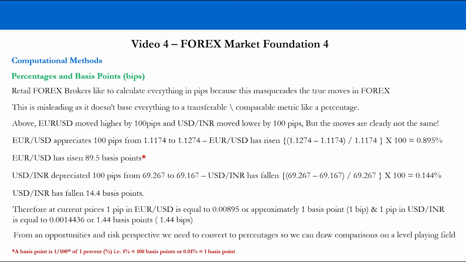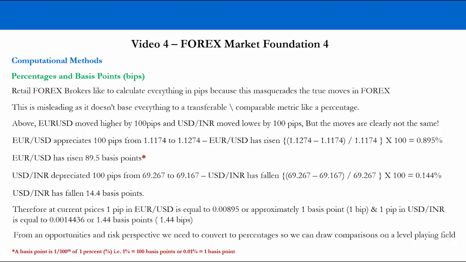If the euro dollar appreciates 100 pips in the example above, 100 pips in this example is actually equivalent to 0.895%. So if we work it out in percentage terms, we take 1.1274 minus 1.1174 divided by 1.1174 and then multiply by 100, and we get the percentage move in the currency pair.